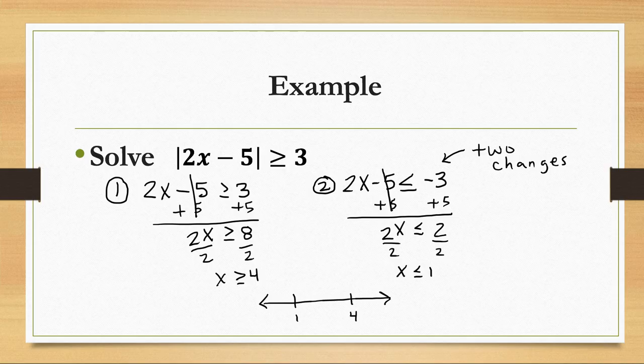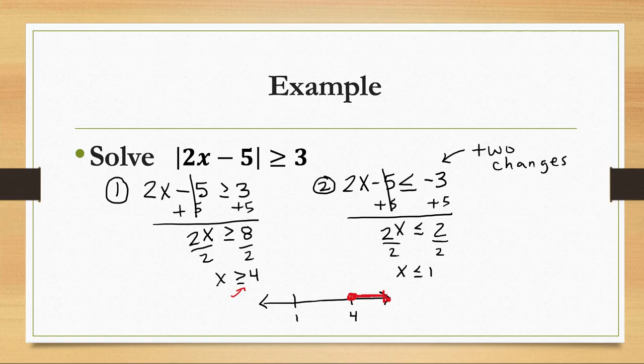Because the 4 is included in the solution set, so I have the equal to there, I'm going to use a solid circle on the 4. And then I'm going to shade x values that are greater than or equal to 4. So numbers greater than 4 are going to go to the right. We'll color in that arrow, meaning that we're going to continue all the way to infinity.